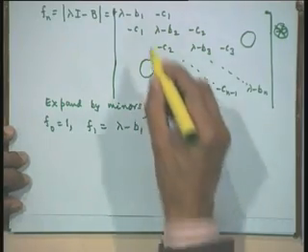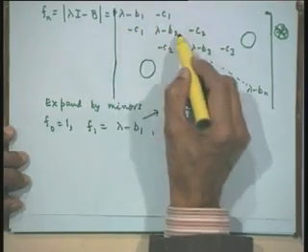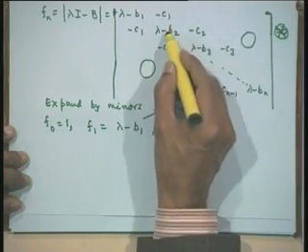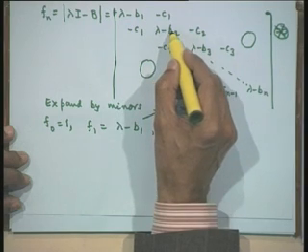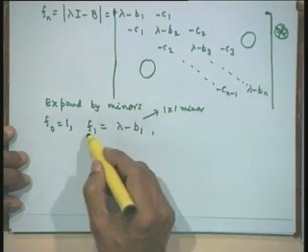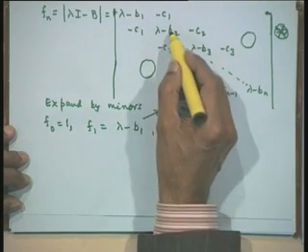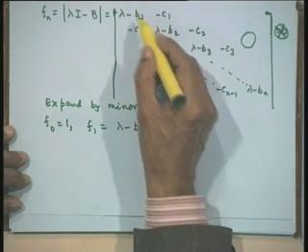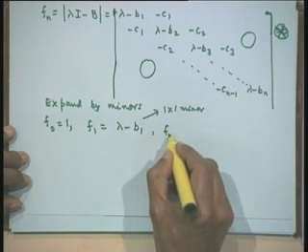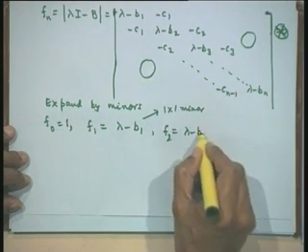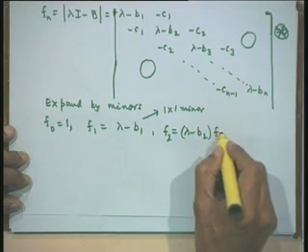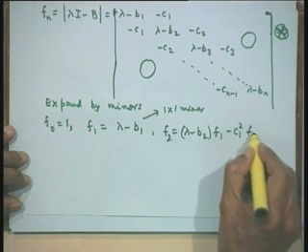Then I will take the 2 by 2 minor, that is the determinant of these two, but I will always expand by the last row or last column. So, I will expand it by the last row. I will have lambda minus b 2 multiplied by lambda minus b 1, which is f 1. So, I will write f 2 as lambda minus b 2 into f 1 minus c 1 square f 0.